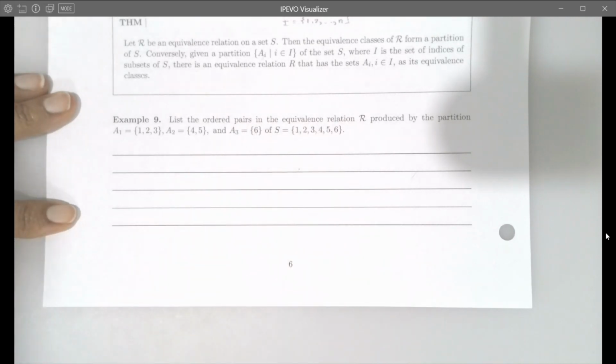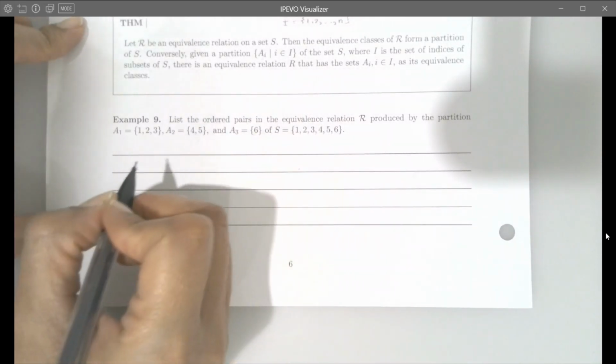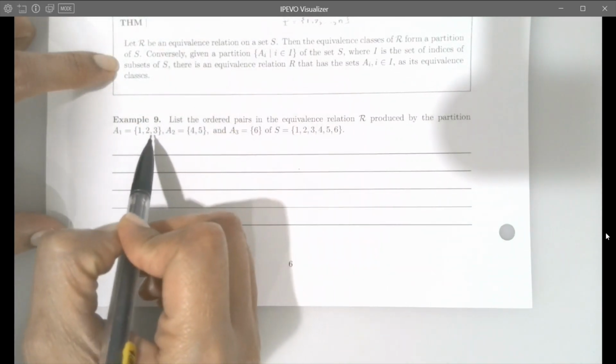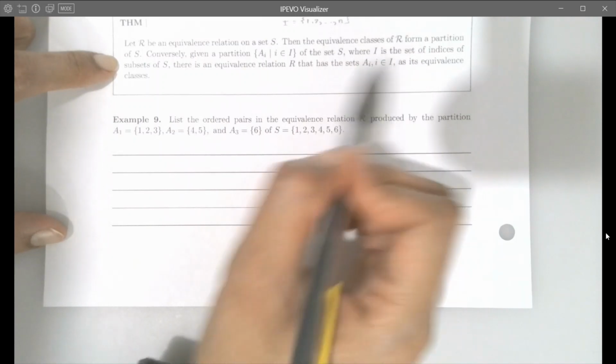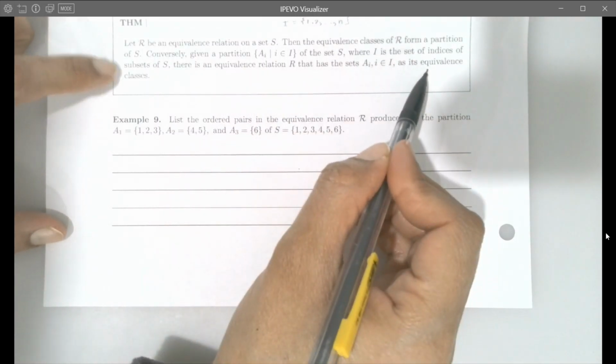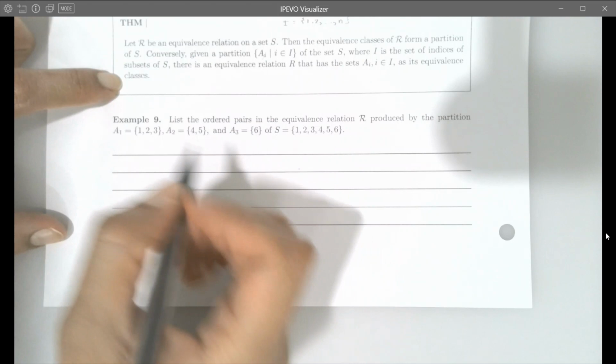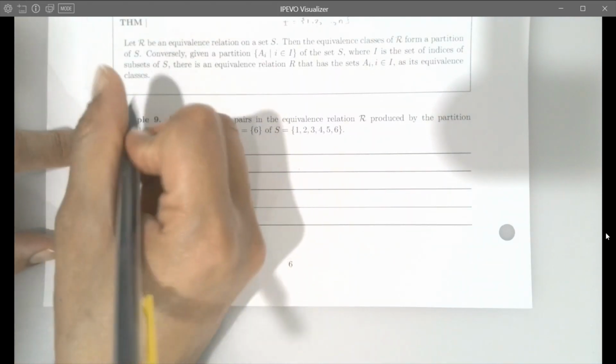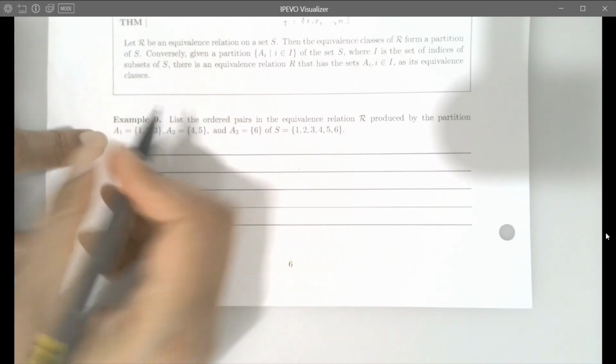So we're going to go ahead and take a look at how we can approach this. According to the theorem, each of these subsets is an equivalence class. Right? These are equivalence classes of R. So I'm going to take this first one, A1, and pick a representative.